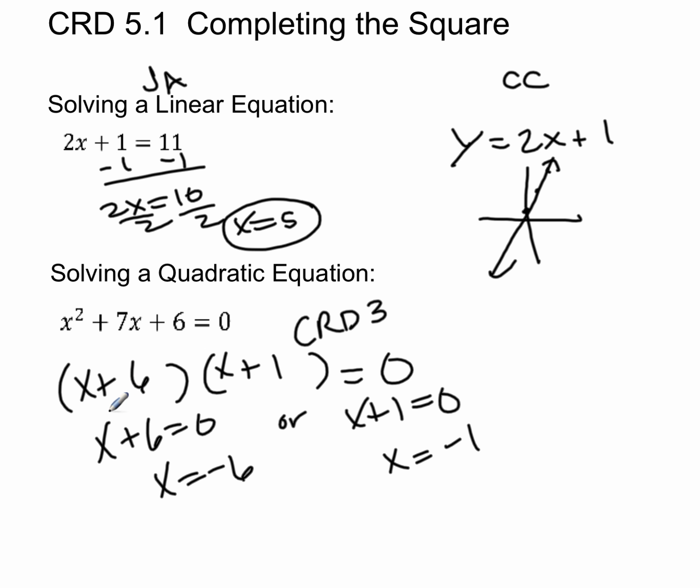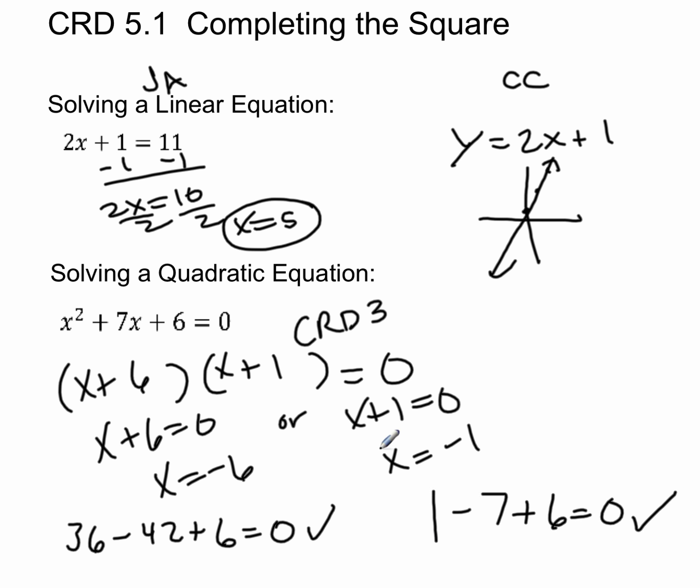And of course, if I plug in -6 in here, I'll get 36 minus 42 plus 6 equals 0. And if you do that math, you will see that works. If I plug a -1 into the equation, I'll get 1 minus 7 plus 6 also equals 0, which it does. So I have 2 solutions. Okay, that's what I learned in CRD 3.